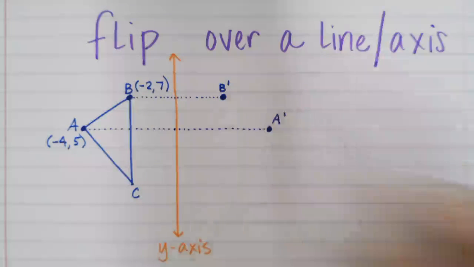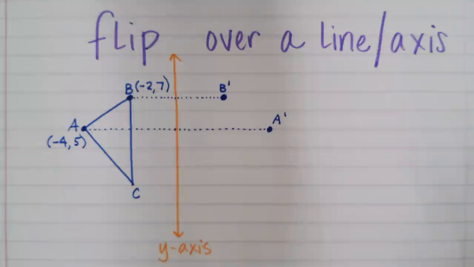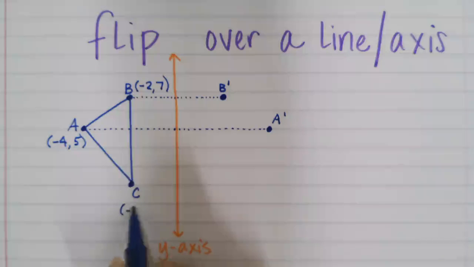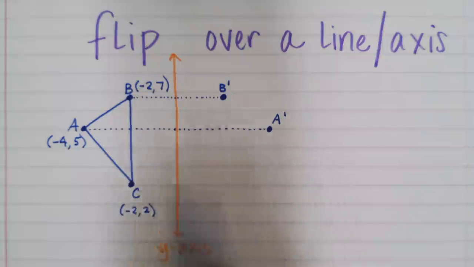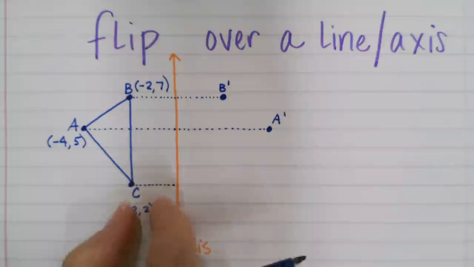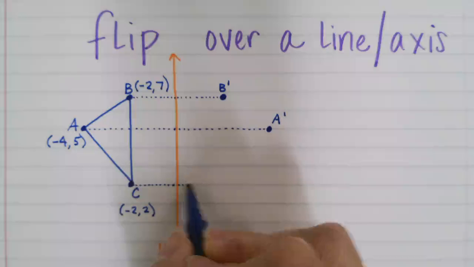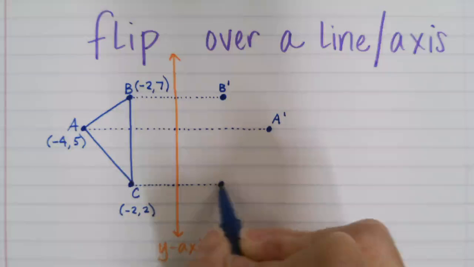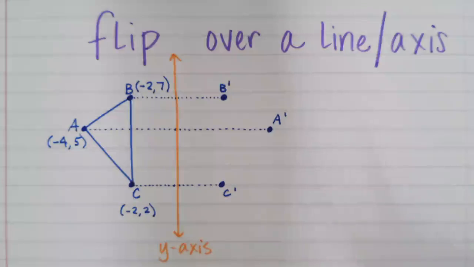So here is A prime. And then if we look at this point right here, point C, let's say this is -2, 2. If it's this far on the left, its reflection will be this far on the right.